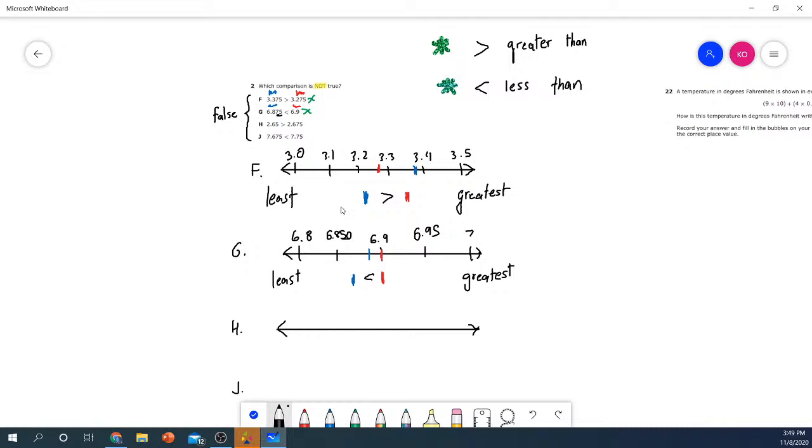But as we can see, our numbers are 2.65 and 2.675. So let's assign colors. H, 2.65 is blue and 2.675 is red.